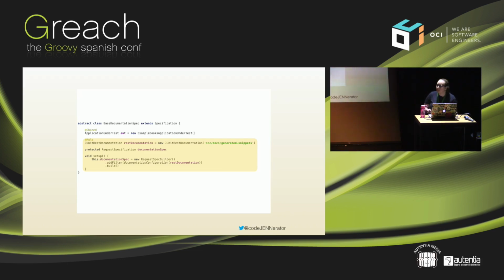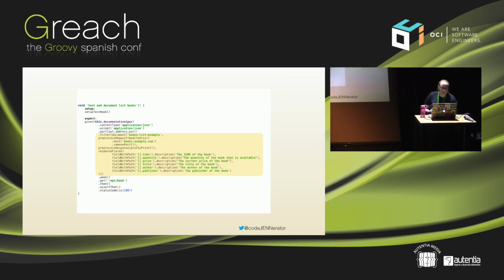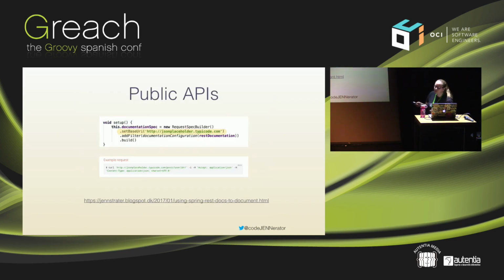Okay, so in the Ratpack example, most of this is just setup and test stuff. But the important part here is that it's using a filter instead. One thing to note, just in the last couple minutes here, is that it's really important that you don't change the API or the URL before the request happens, otherwise it'll actually go against a remote one, which you can then use to run against a public API.